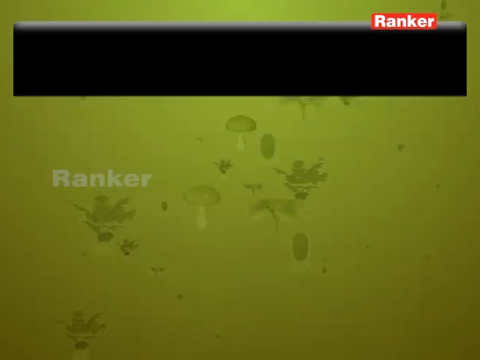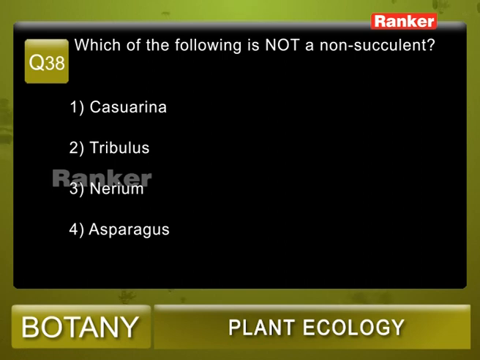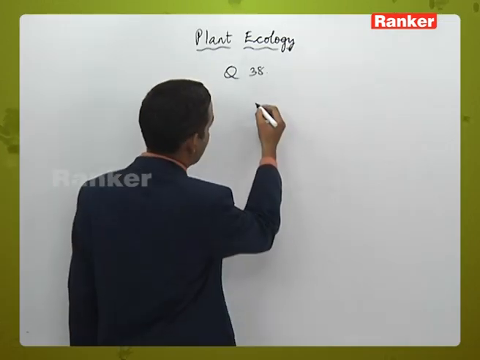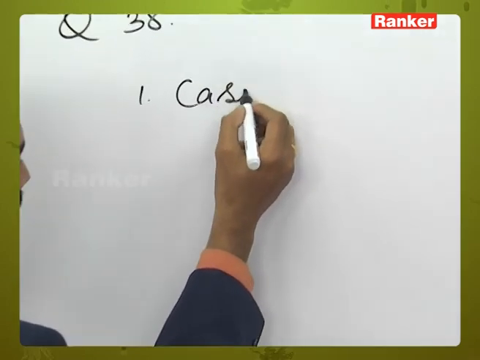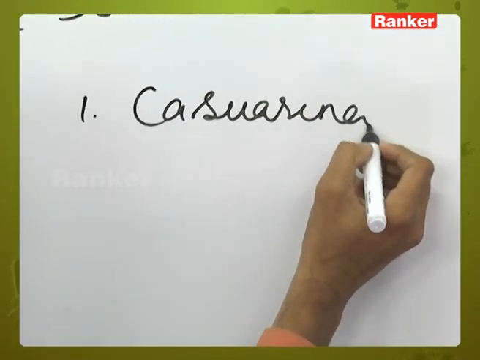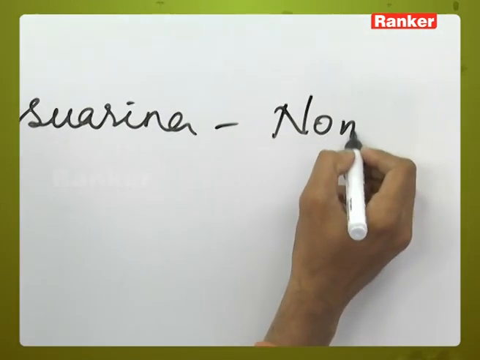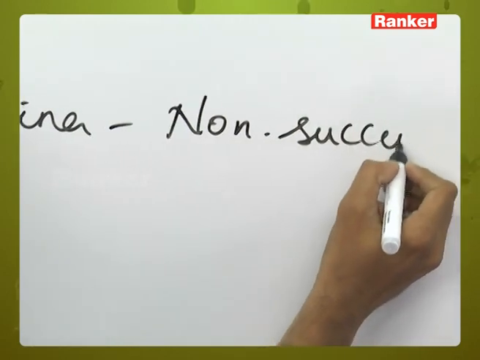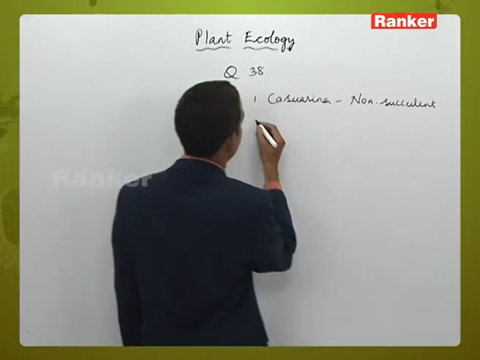Question number 38, which of the following is not a non-succulent? Options: 1. Casuarina, 2. Tribulus, 3. Nerium, 4. Asparagus. Let's come to the first one, Casuarina. Casuarina is a plant which is considered to be a non-succulent or true xerophytic plant. Why?